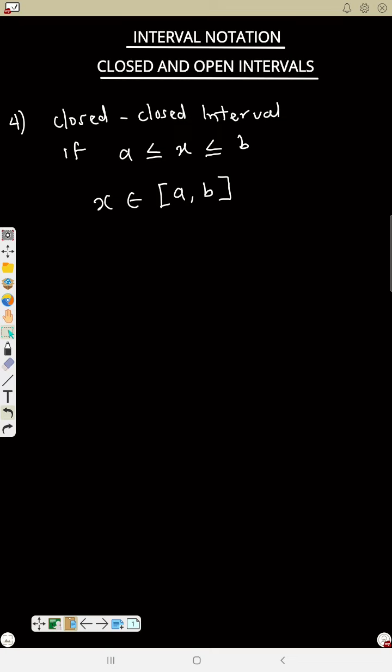So we have 4 notations I've explained now. The first one is number 1, the open interval. That will be like 2 is less than s and s is less than 3. You will say s is a member of (2, 3), like this.